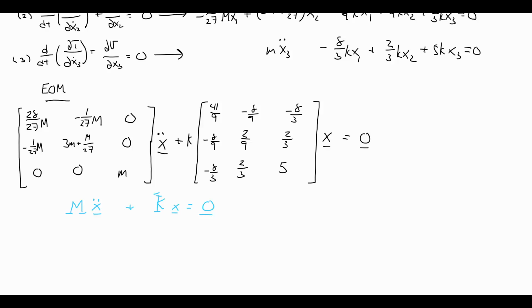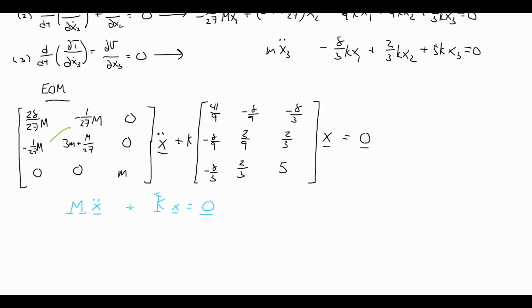Looking at the mass matrix, we only have to look at these off diagonals here. They are both negative 1/27 times m, so the mass matrix is indeed symmetric. And this is actually the first example we're seeing where we have non-zero off diagonal entries because of the coupling of the rotation and the translation in this system.